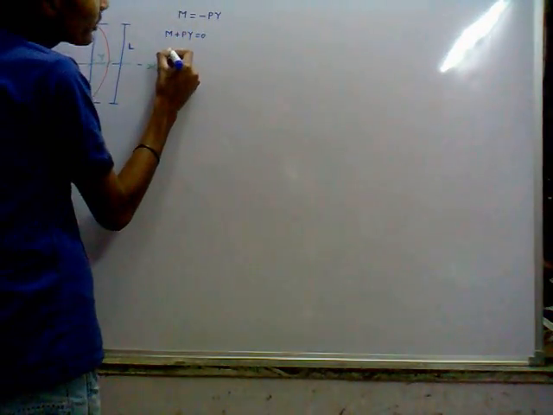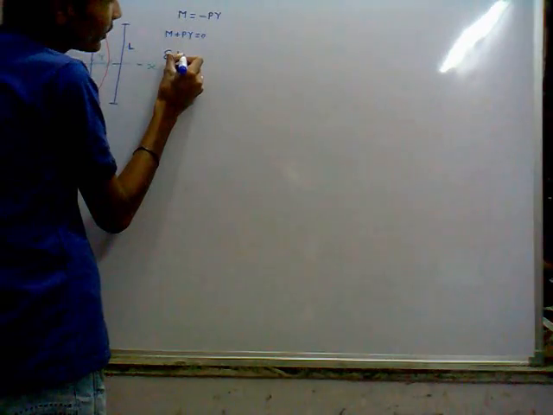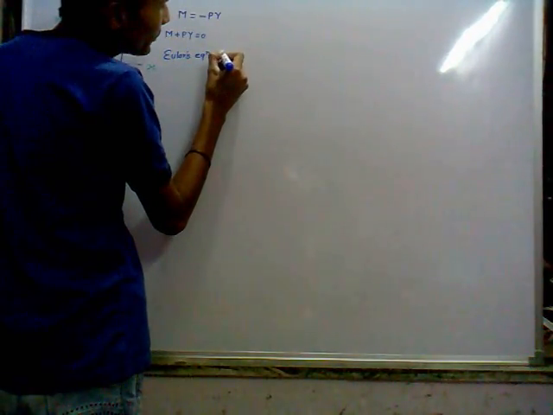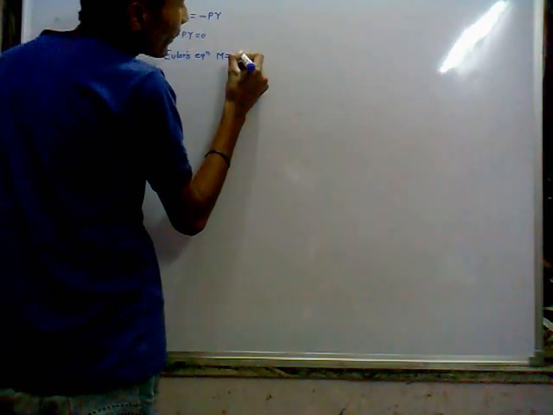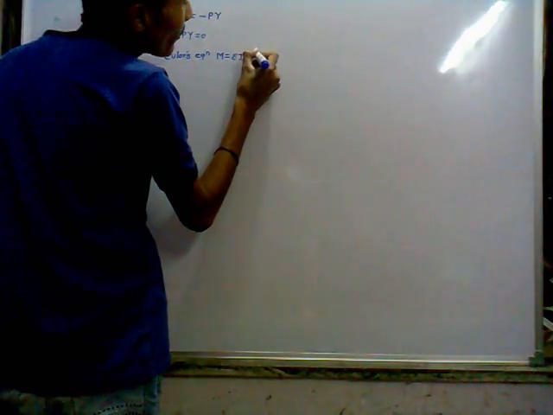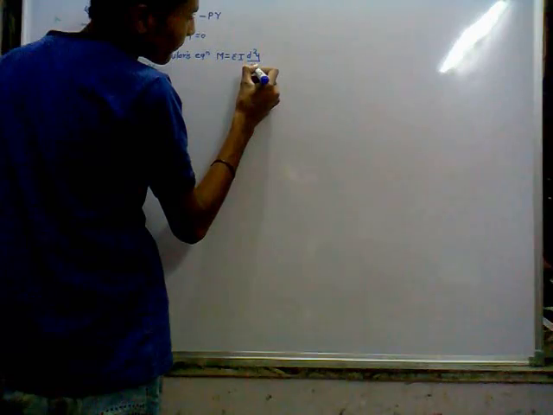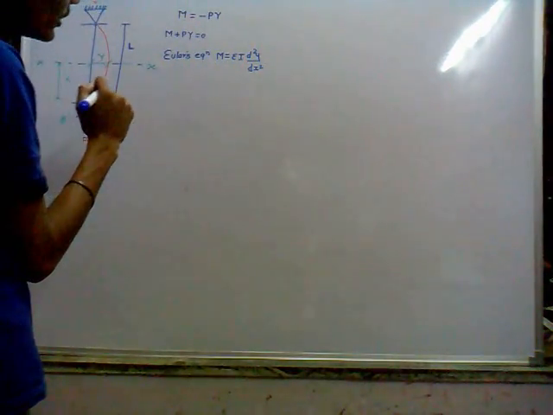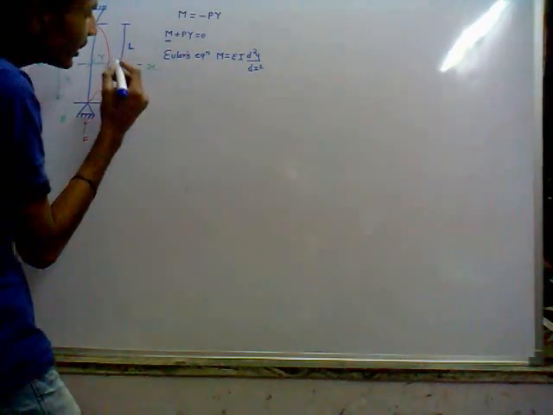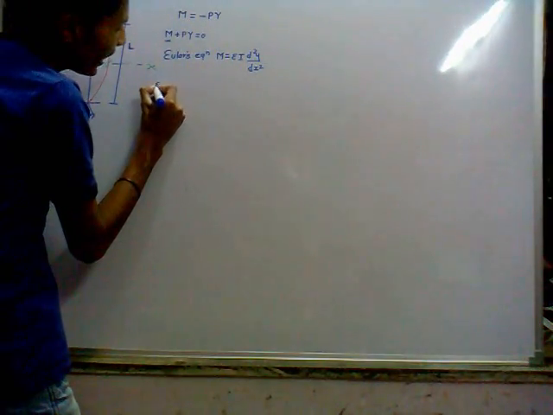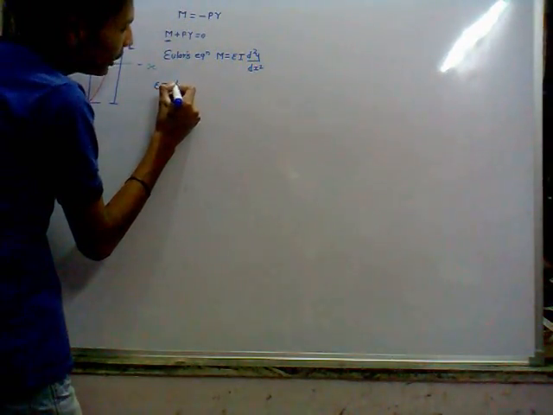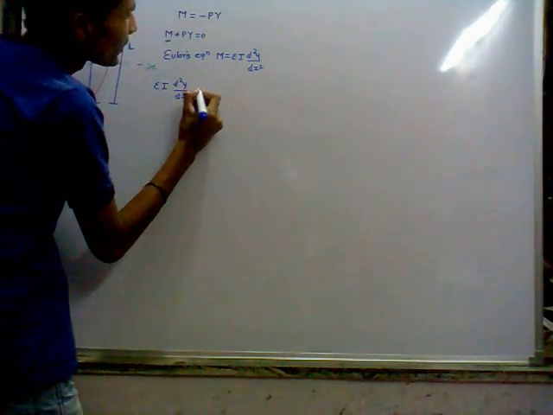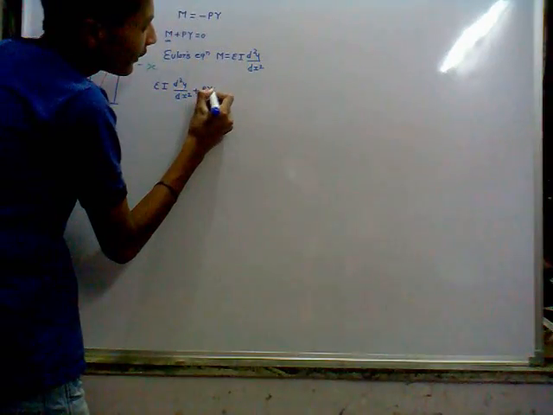Now we know Euler's equation: M equals EI d2y by dx square. Putting this in place of M, we get EI d2y by dx square plus P y equals 0.